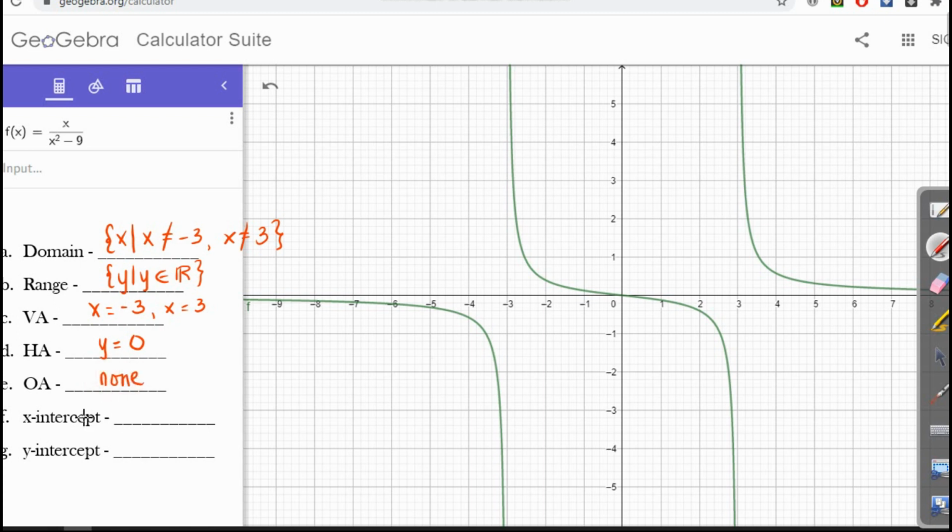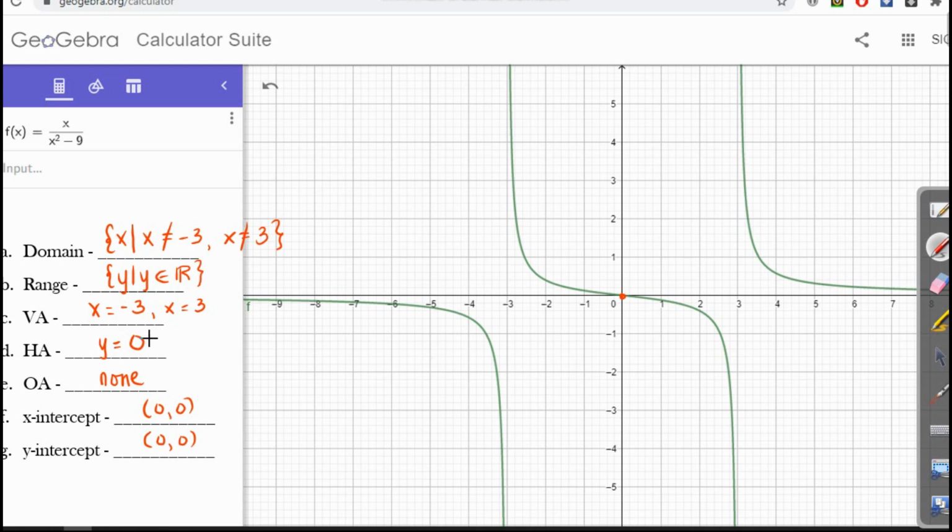How about the x-intercept? We have a point here at the origin that gives us 0, 0. Same is true with the y-intercept. It is found here at the origin, therefore we have 0, 0. So in this function, we can now conclude that the value of the horizontal asymptote is not always the same as the range of the function.